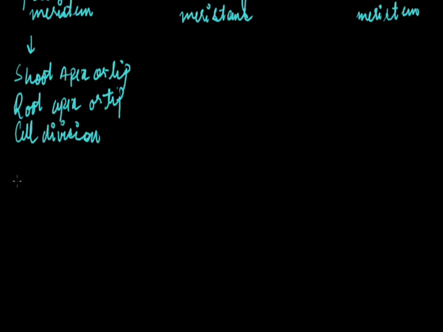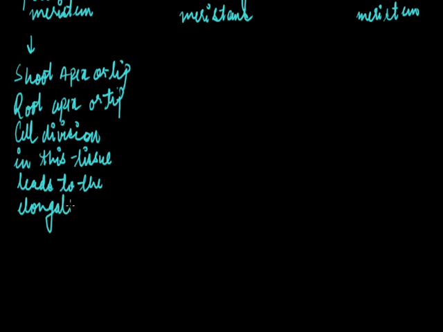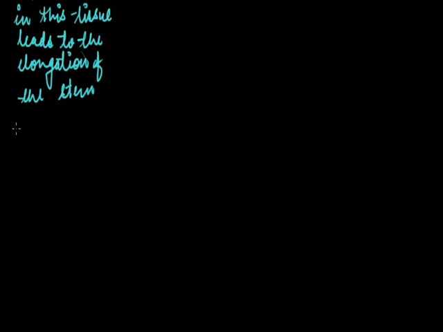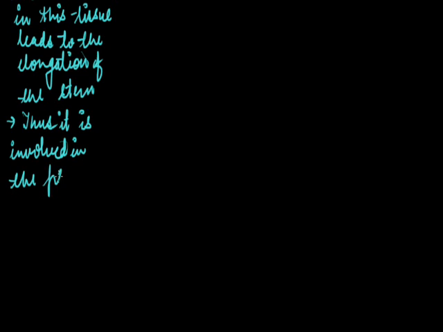Cell division in this tissue leads to the elongation of the stem, thus it is involved in the primary growth of the plant.